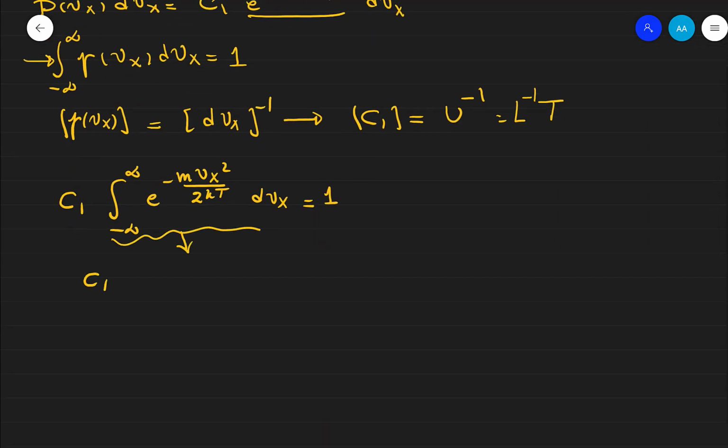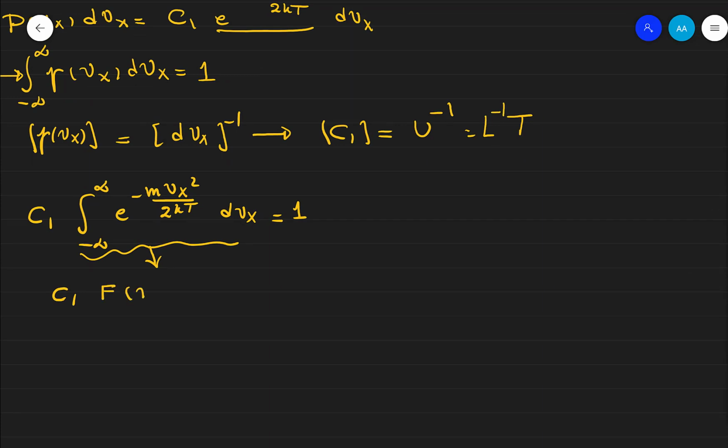This integral is a function of m, k, and T. This means that C1 has the dimension of inverse of velocity, and f has the dimension of velocity due to this term, which has dimension of velocity.